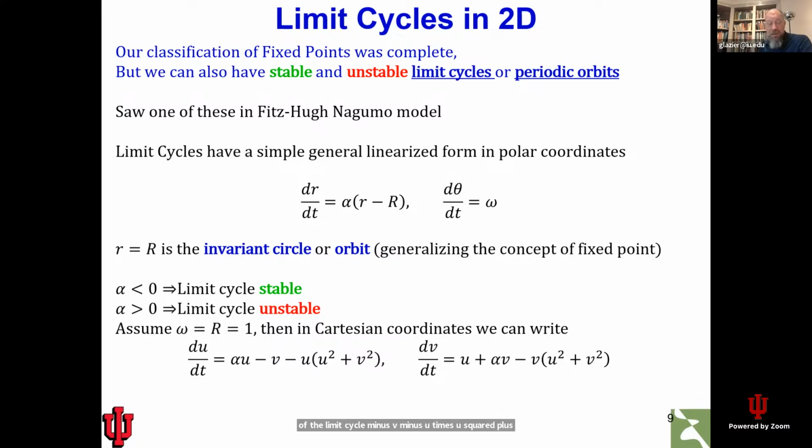So u squared plus v squared is the radius squared of the coordinate. So that maybe helps you think about what that means. And dv/dt is the same thing with u and v exchanged. And you could put that into your Colab notebook and see that it behaves like that.